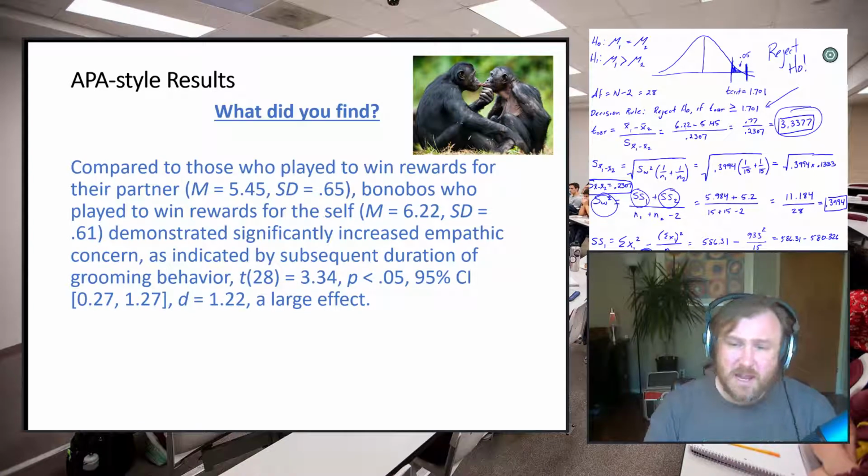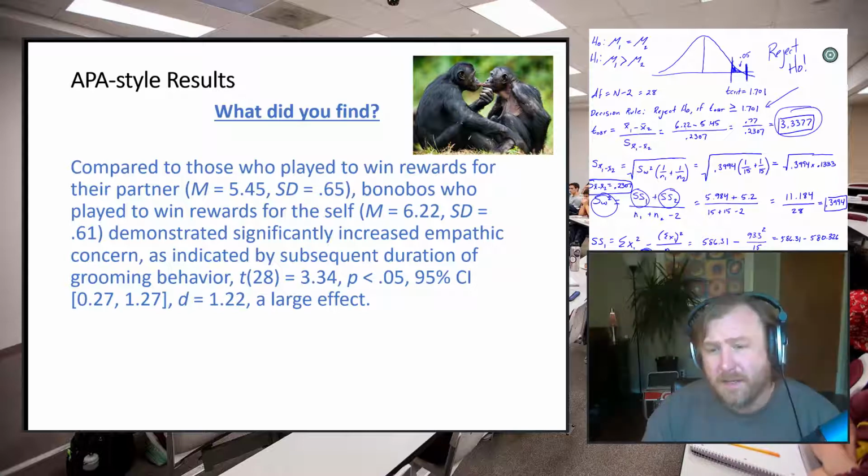Then we report our t obtained value. And we say that the probability that we would get this result due to sampling error is less than 5%. Right? So that's good. It means that we have confidence that this mean difference would not likely occur due to chance alone. And then we report our 95% confidence interval.